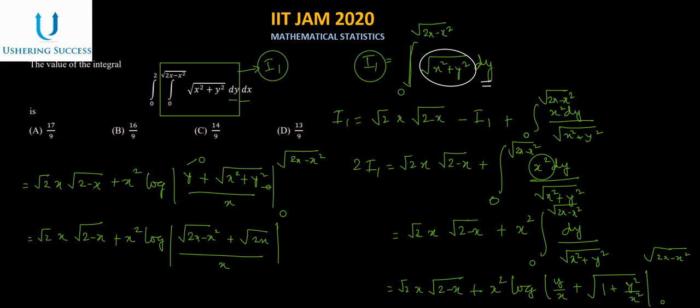So root x square becomes x over x. So log 1 would be 0.